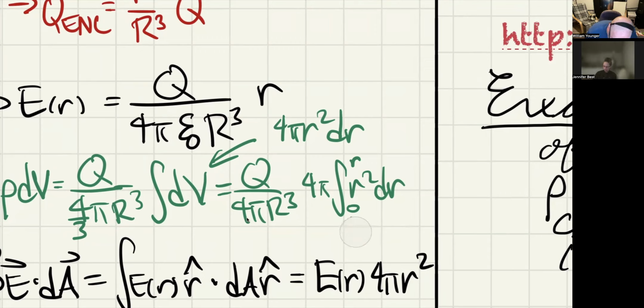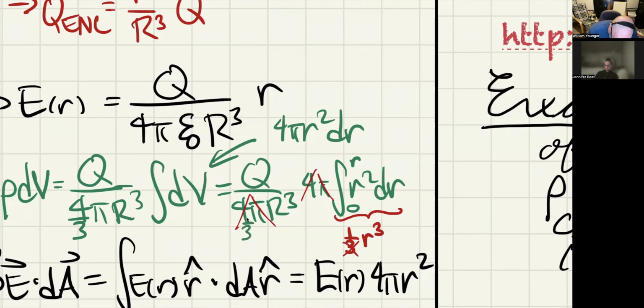So this whole integral here is going to become 1/3 r cubed. So you can see that the 4 cancels out with the 4. The pi cancels out with the pi. The 1/3 cancels out with the 1/3 that was down here, but evidently I forgot to write it.